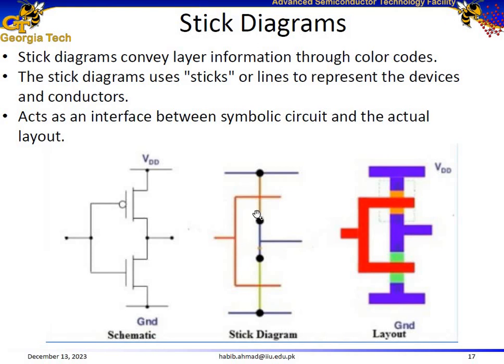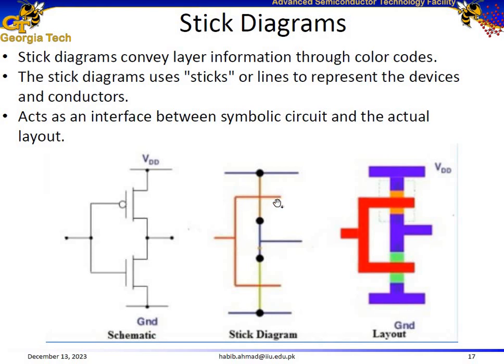Similarly, we are going to have NMOSes and PMOSes, and also they are represented with the help of sticks or lines. That's why it's called a stick diagram. And these sticks or lines actually represent devices and conductors.